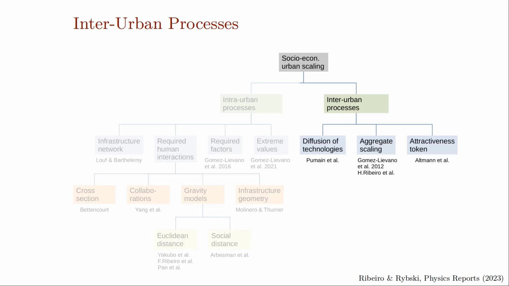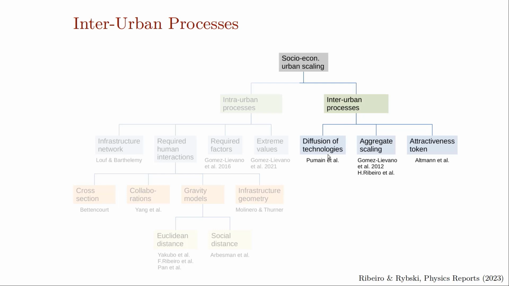And only to finalize here, we have the other parts of the model, which is just a small part in comparison with all the models that we have in the literature, models that consider interurban processes, so exogenous processes, in order to explain urban scaling. You have, for example, the diffusion of technology model of Pumain, that considers that technology arrives in large cities and then spreads to smaller ones.